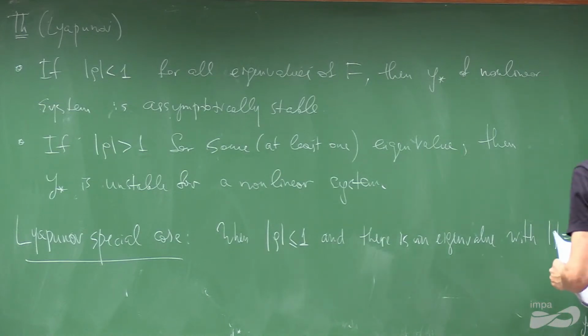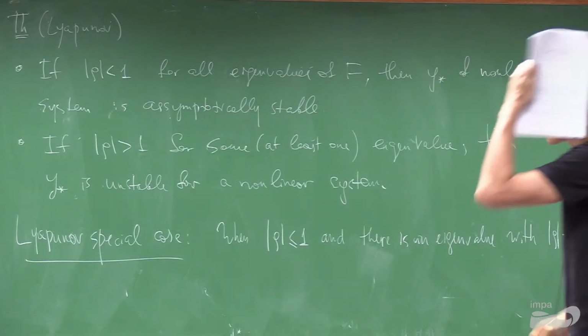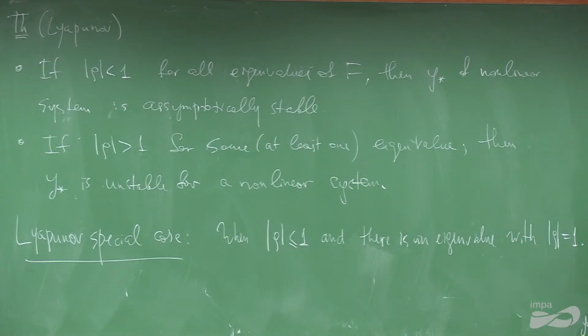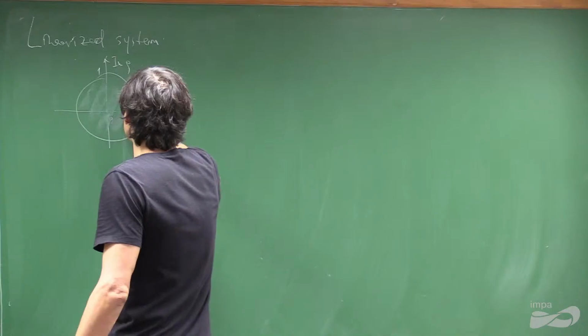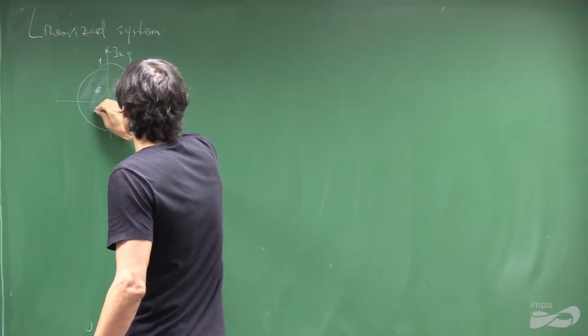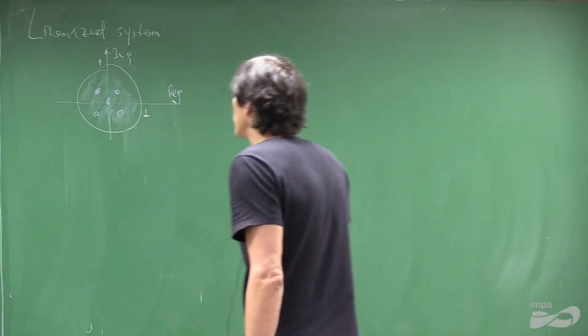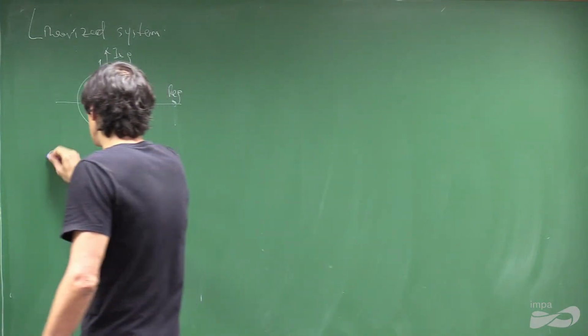So for the linearized system, we have the real part of rho, the imaginary part of rho. We have a unit circle. And for asymptotic stability, we need to be inside. So if all eigenvalues are inside the unit circle, we have asymptotic stability.